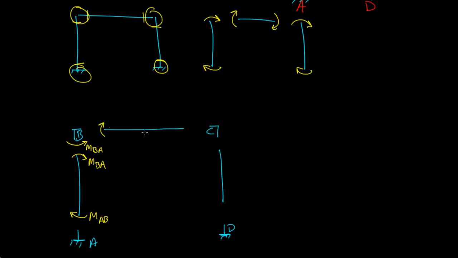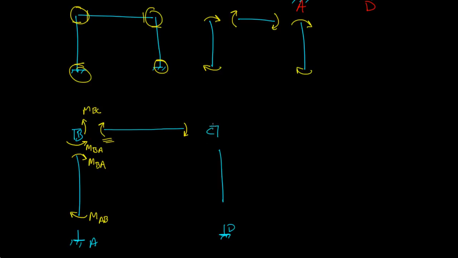And on member BC, you draw your moments at the end of the members. They're always clockwise. And again, at joint B, on member BC, you have this moment going clockwise. So that means on this joint, the moment's going to be going counterclockwise, right? Equal magnitude, opposite direction.